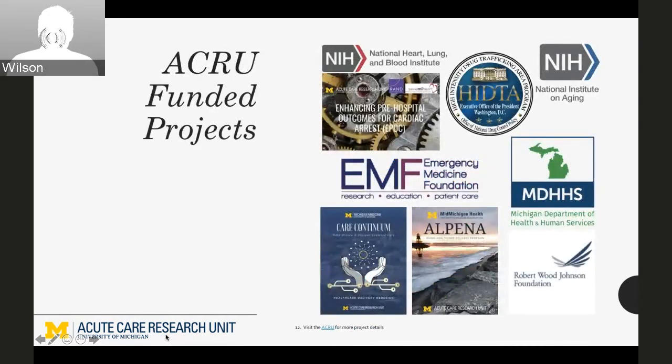I've included some examples of ACRU-funded projects for you on this slide. You'll see that there are various federal, state, as well as nonprofit organization fundings.